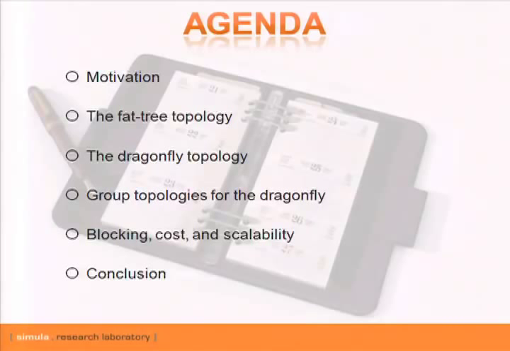The dragonfly is a hierarchical topology, and it consists of a number of groups of virtual routers that have their own internal network, and I will also discuss suitable topologies for this internal network. And then to the essence, presenting the blocking, cost, and scalability characteristics, comparing the dragonfly with the fat tree. And finally I will conclude.